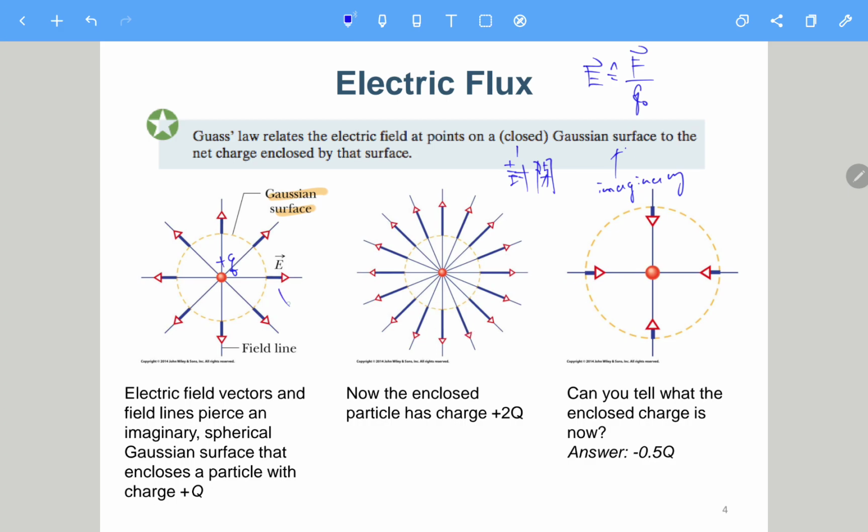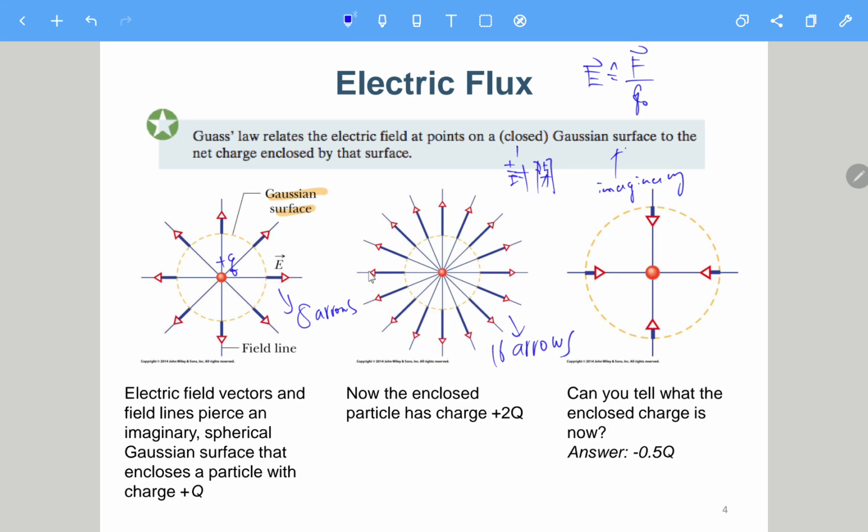So here there are 8 arrows, and on this graph, there are 16 arrows. If we count how many arrows go through the similar Gaussian surface, this one has more arrows going through it. So you can imagine there should be more charge inside this Gaussian surface.